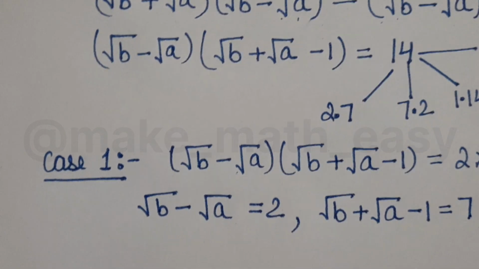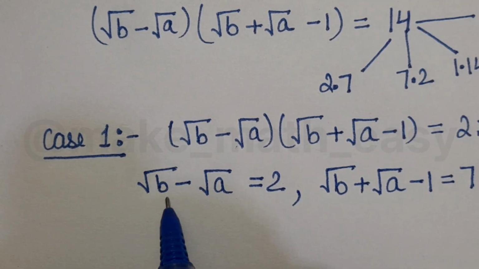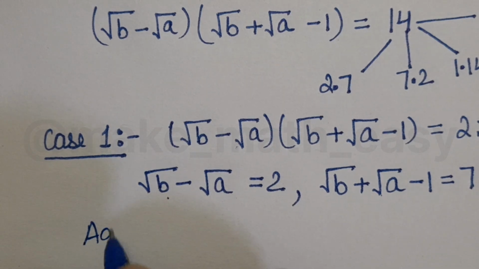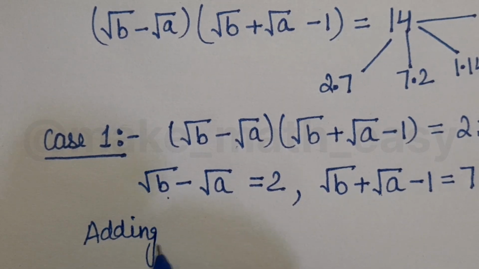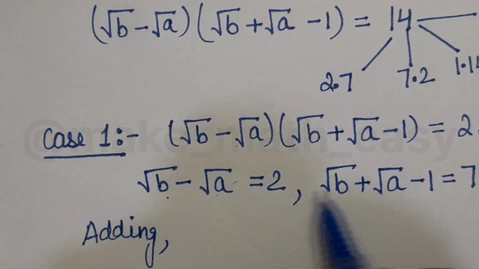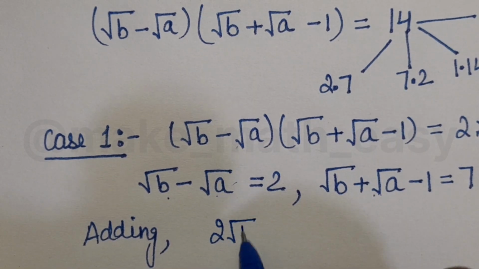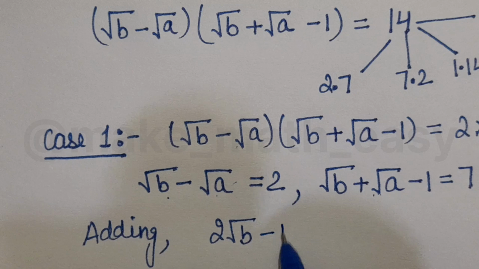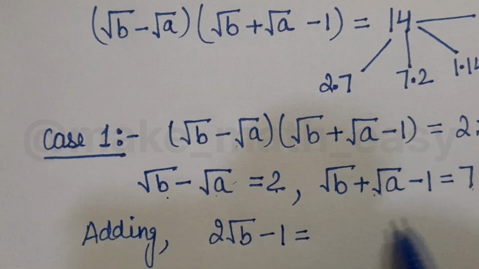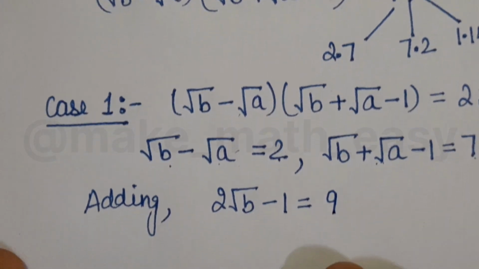On adding both these two terms, what we get? Adding, this root a cancels out with this root a, and we get 2 root b minus 1 equals to 2 plus 7 equals to 9.